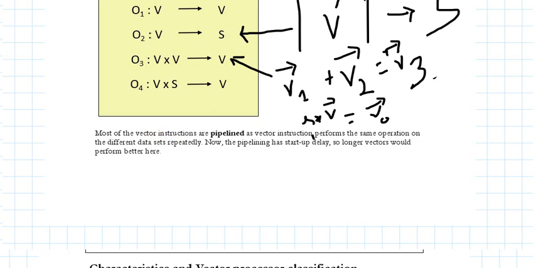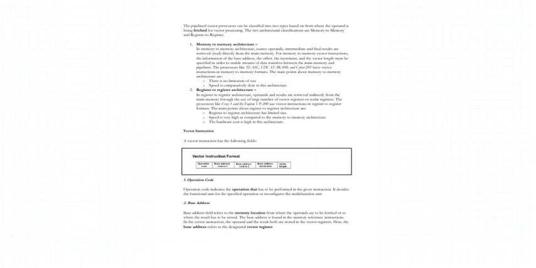Now the pipeline has startup delay, as we all know, because there are some latches involved. So startup delay is obvious. So longer vectors would perform better here, because you don't have to start your vector processing over and over again.